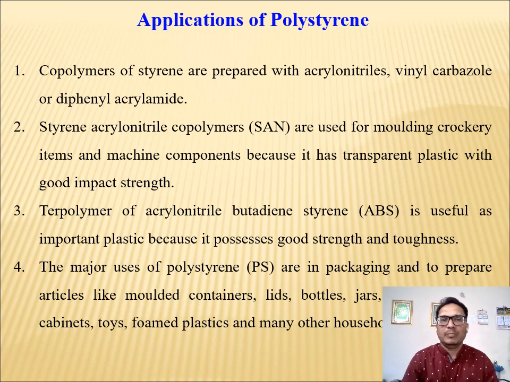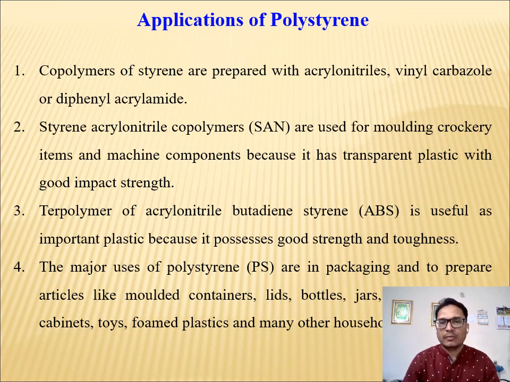The polystyrene can be used for the synthesis of copolymers like acrylonitrile, vinyl carbazole, or diphenyl acrylamide. Styrene acrylonitrile copolymers are used for molding crockery items and machine components because it is a transparent plastic with good impact strength.